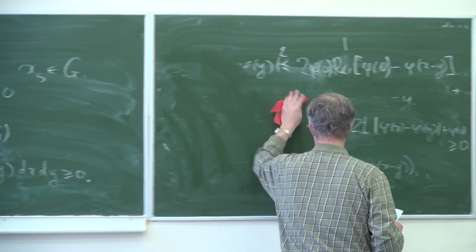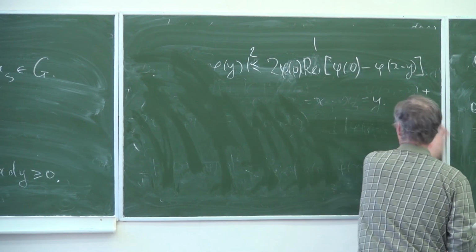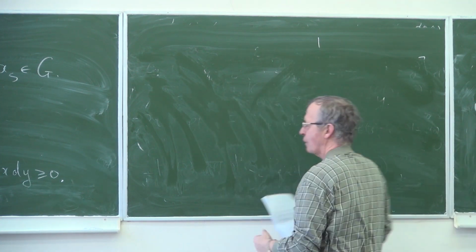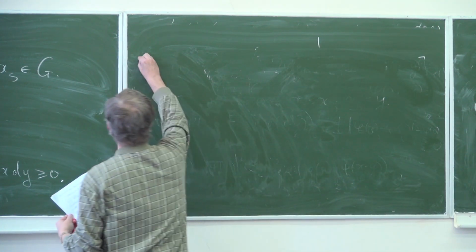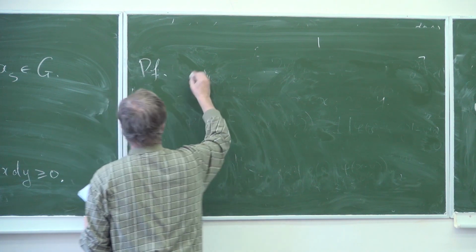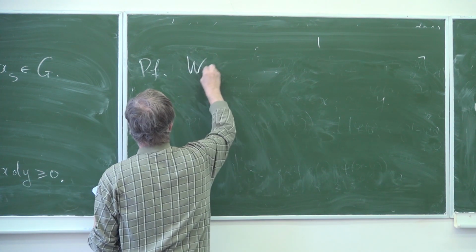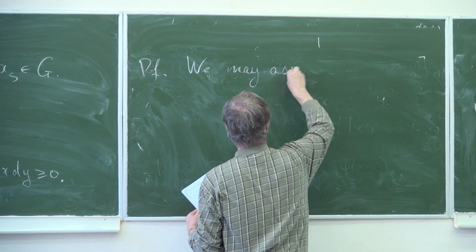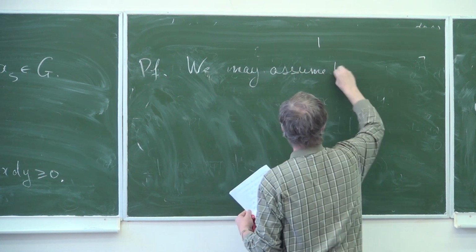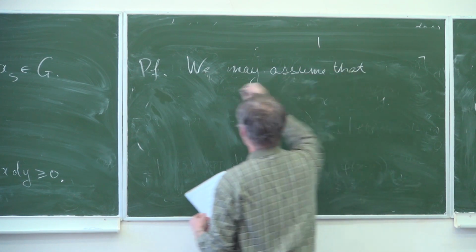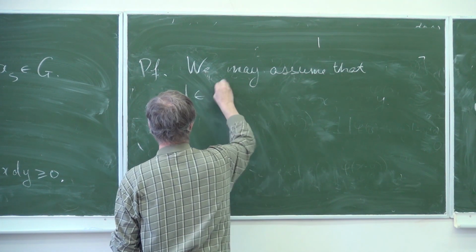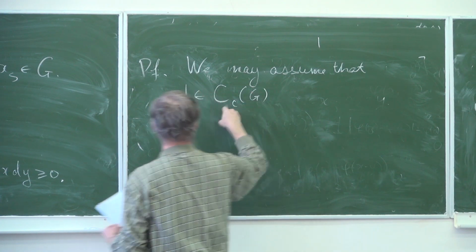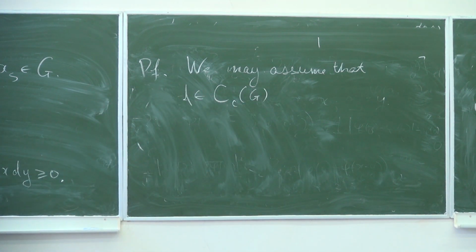Well, why so? First, note that we may assume that our function f is continuous and compactly supported, because functions of this sort are dense in L1.